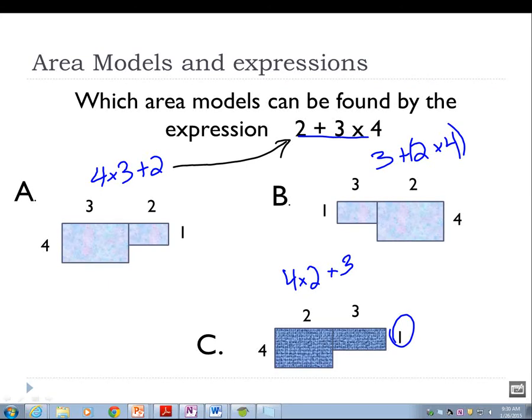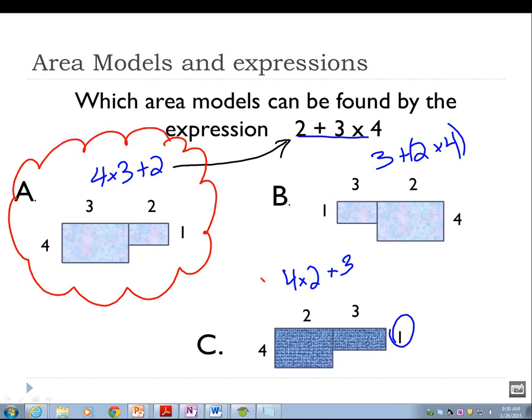But isn't it the same? Yeah, it's just a different order. Through the commutative property, you can put the same terms in a different order. So the correct answer is what? A. Okay? A is correct.